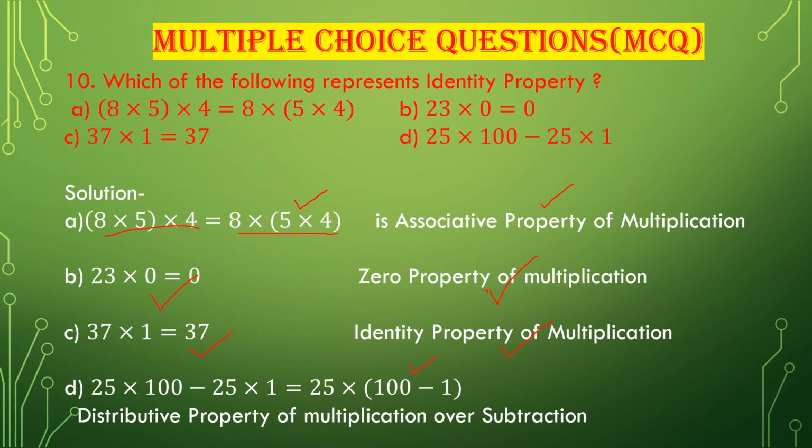And this is the distributive property of multiplication over subtraction. Identity property is 37 multiplied by 1 equal to 37. That is the identity property of multiplication. So option C is the answer.